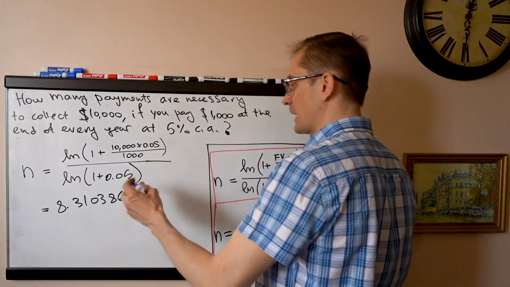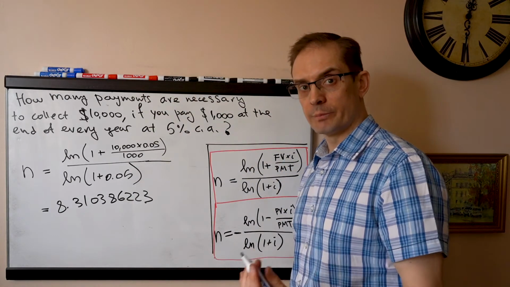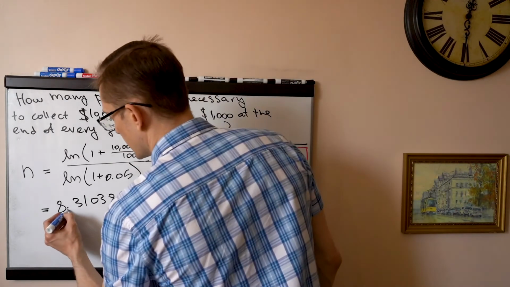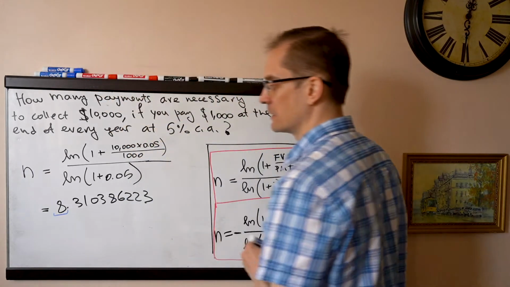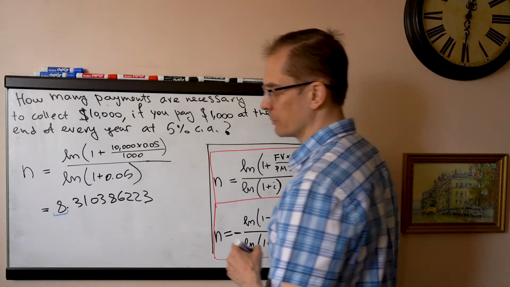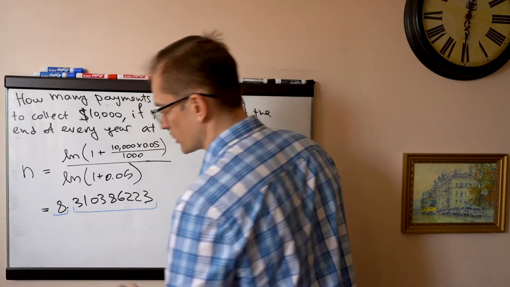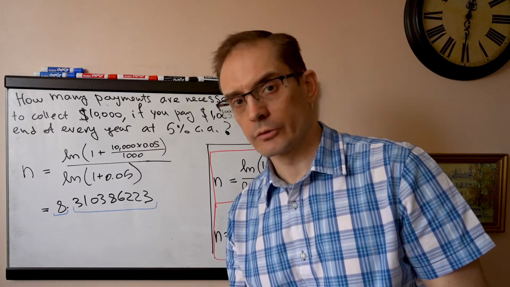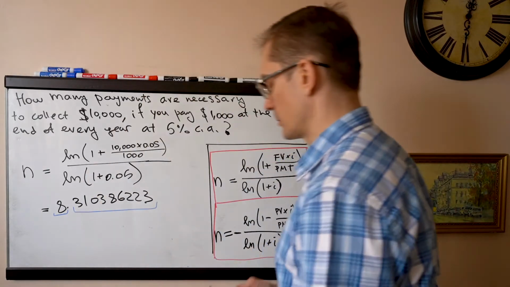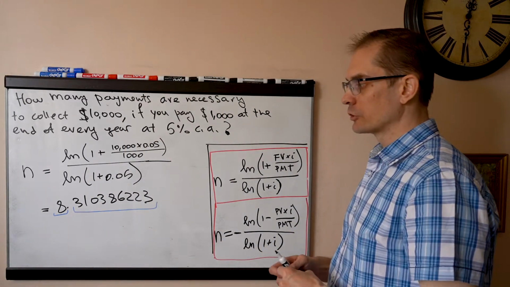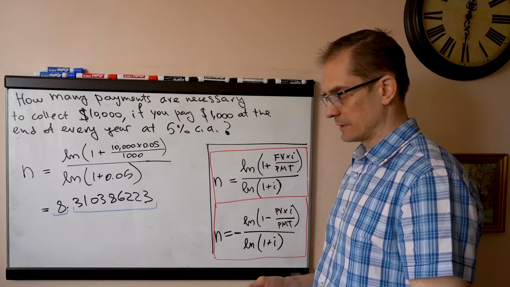Now, because N gives us the number of payments, we see that there will be 8 whole payments and some partial payment will also be required in this problem. In total, there are 9 payments.